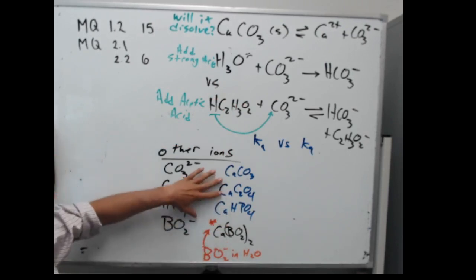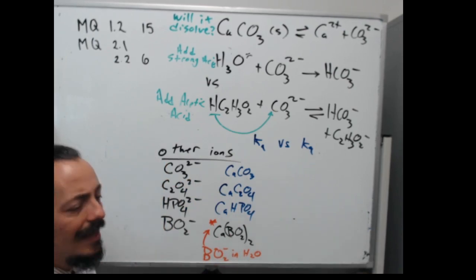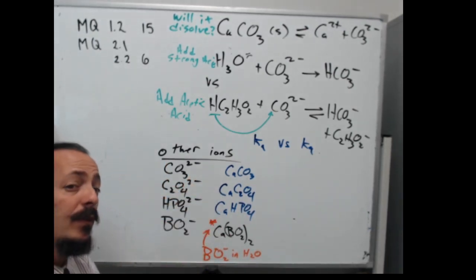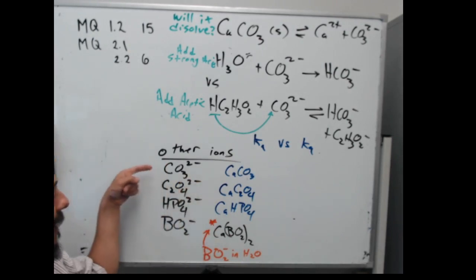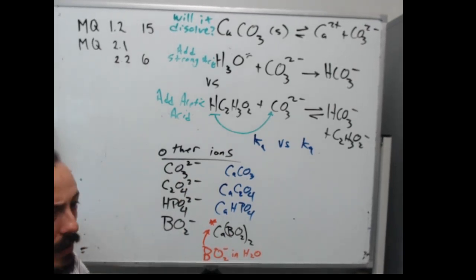A strong acid would dissolve all three of these. Because these have different Ksp's, it might take different amounts of strong acid, but strong acid will dissolve all of them because it will protonate the carbonate, the oxalate, and the hydrogen phosphate. Guaranteed, because it's a strong acid.